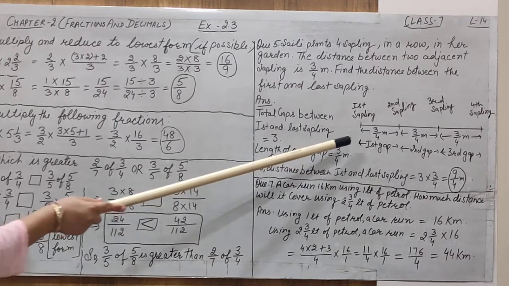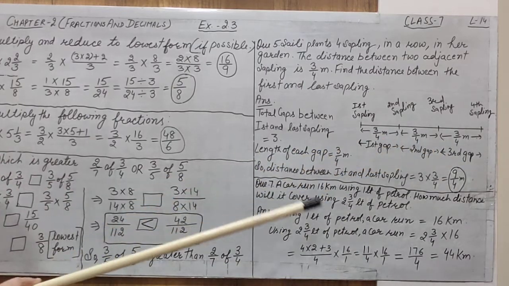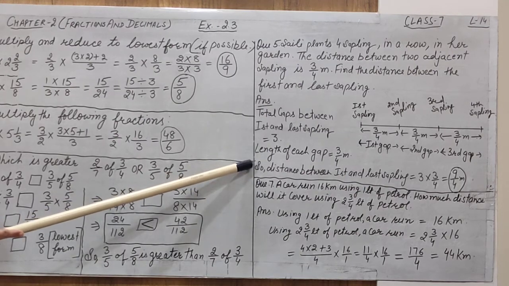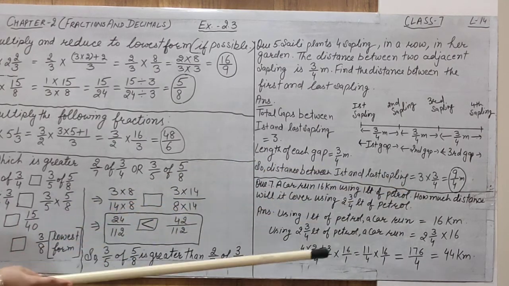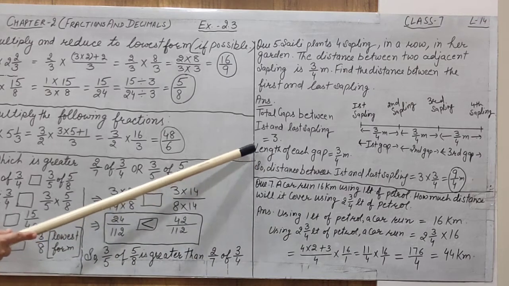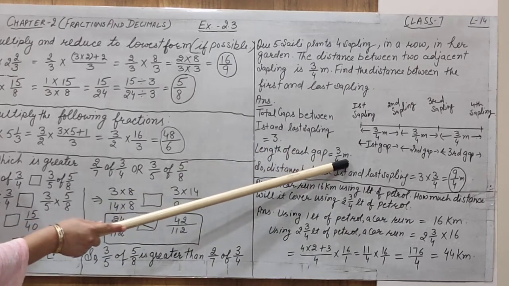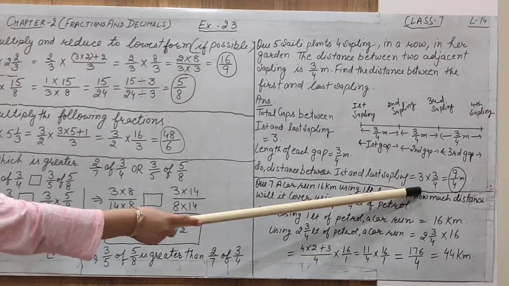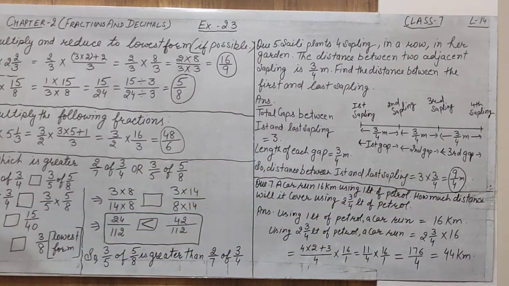So the gap increases between the first and last sapling. For any increased value we have to multiply the terms. Alright. For one gap the distance is 3 by 4 meter. For 3 gaps the distance is 3 multiplied by 3 by 4, that is 9 by 4 meters.